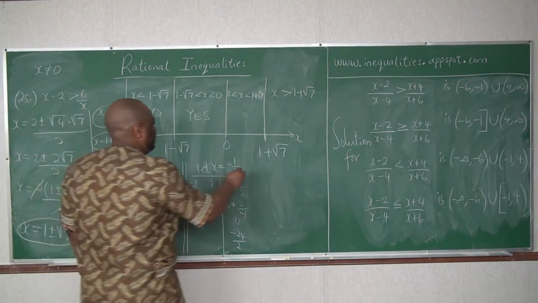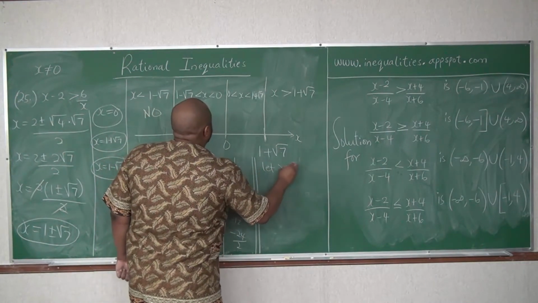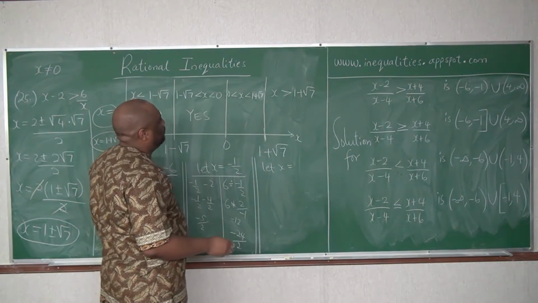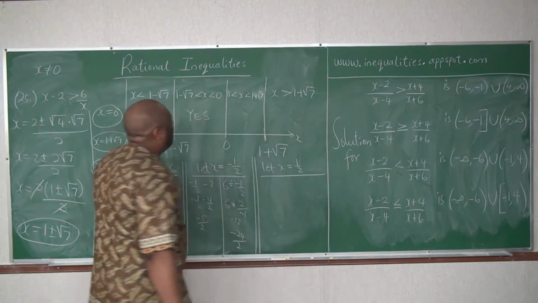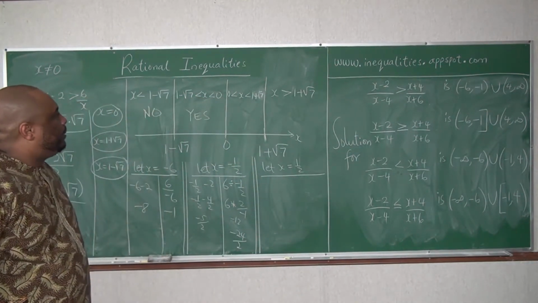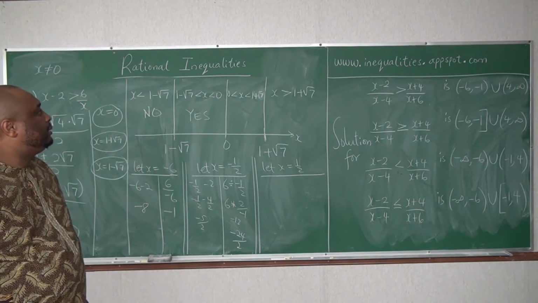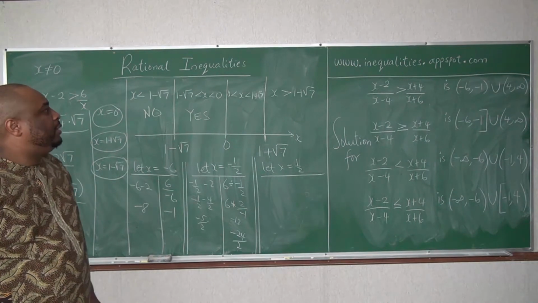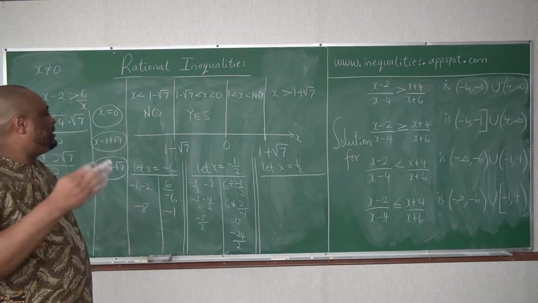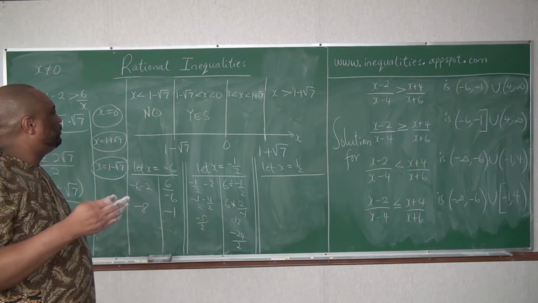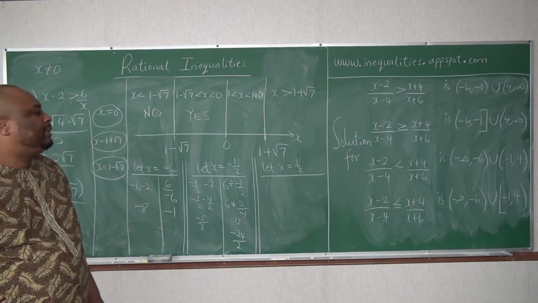Then the next one, let x be 1 over 2. Actually, we can use 1, because root 7 is 2 point something, so 1 plus root 7 is 3 point something.